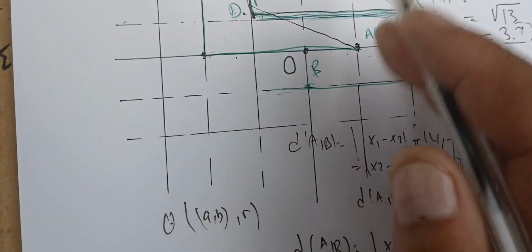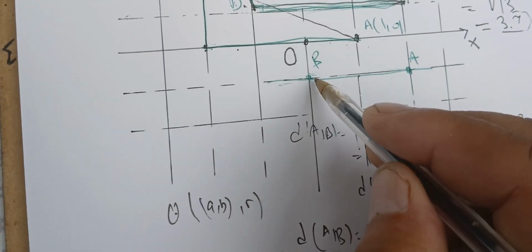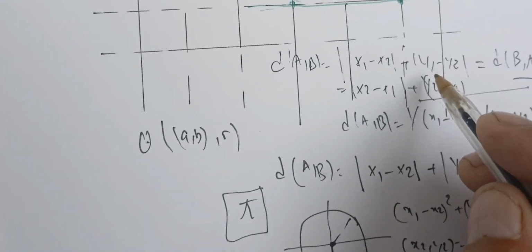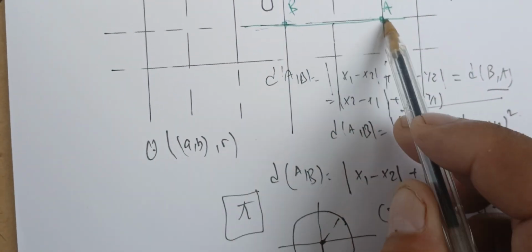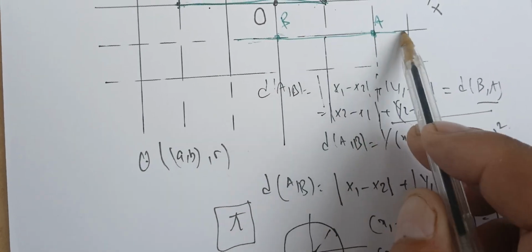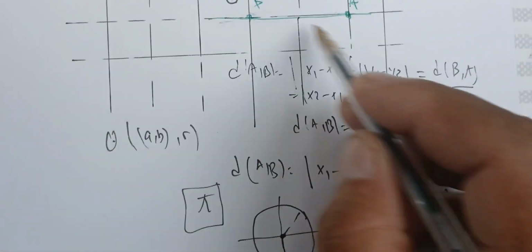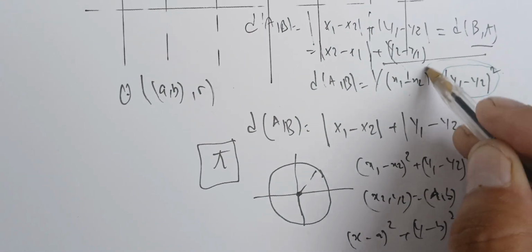Now if we use the Euclidean geometry, let me use this formula here. The y is the same for A and B, and therefore this is 0, and this is 0.